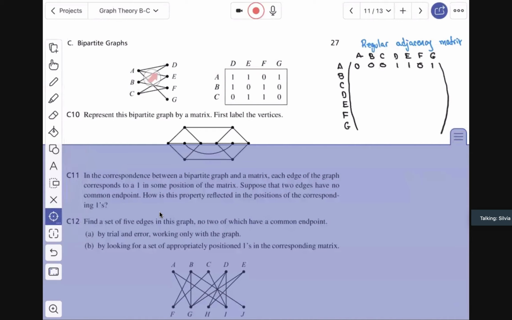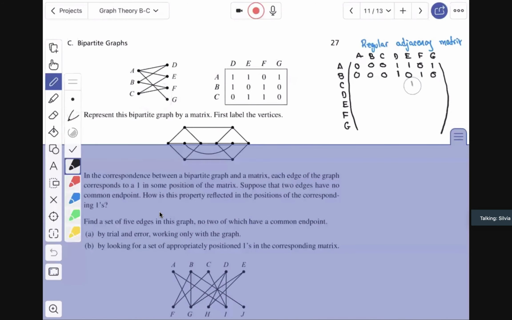B is adjacent to D and F, so D and F get 1s, and everything else is a 0. C is adjacent to E and F, so E and F get 1s, and all the others are 0s.